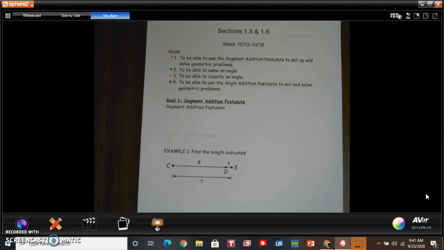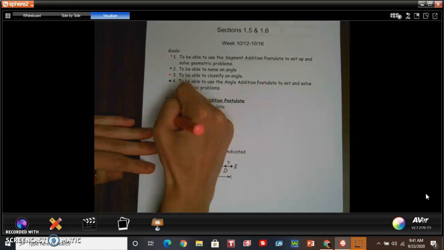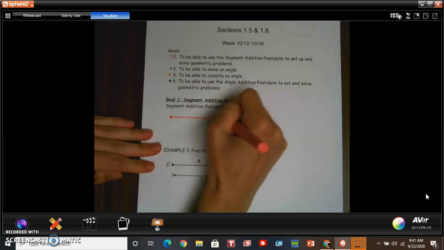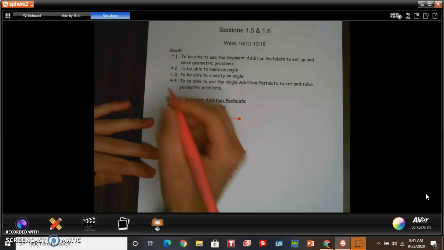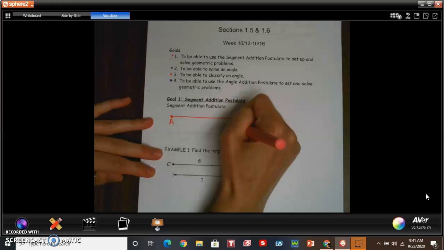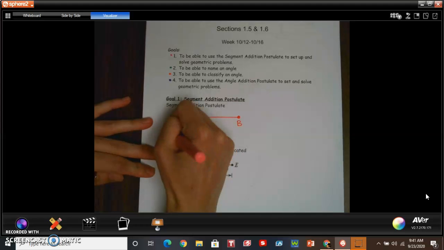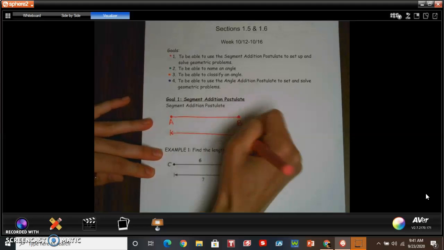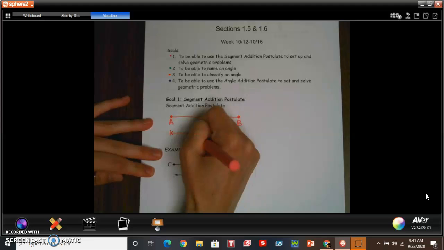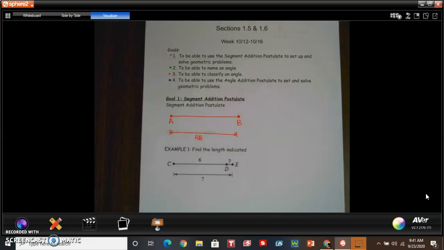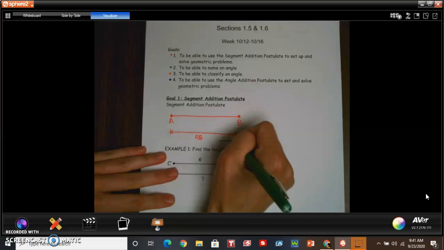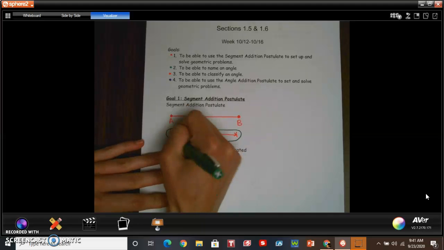So what the segment addition postulate tells us is that if we have a segment, okay, so we have segment AB here. All right, the first thing I tell students to do is to always identify what the entire thing is. And when you're doing these problems, the entire thing is going to be identified by this segment at the bottom that has the arrows and stuff.